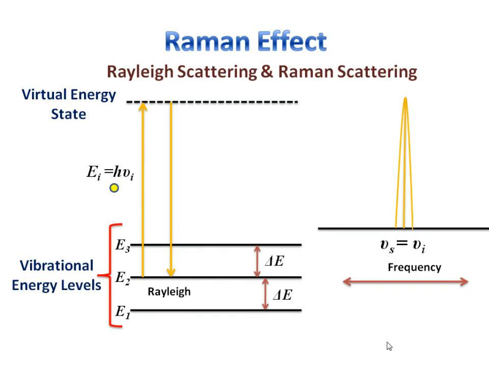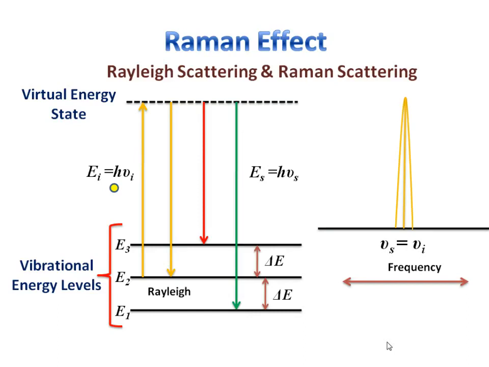However, sometimes molecules fall back to different vibrational energy levels than the initial level. In this case, the emitted and incident photons have different energies or frequencies. This is nothing but Raman scattering.